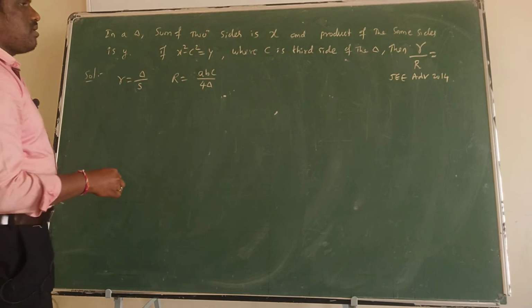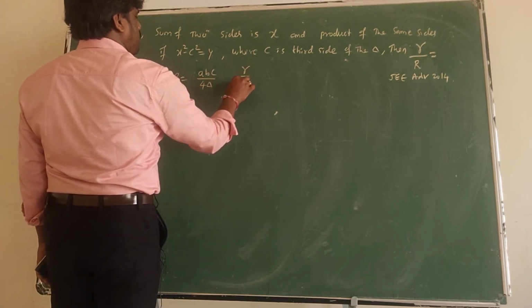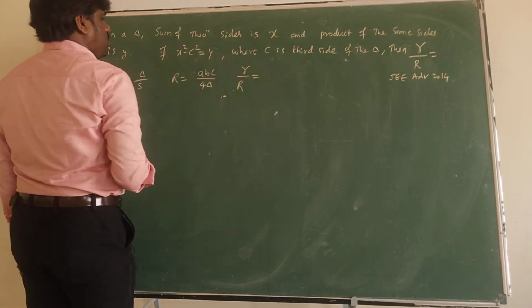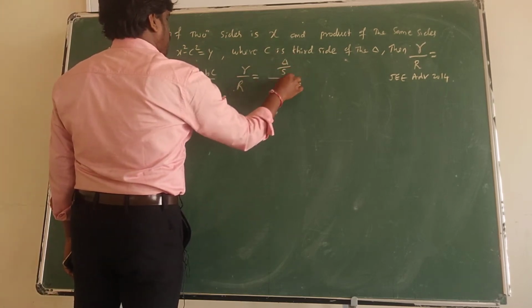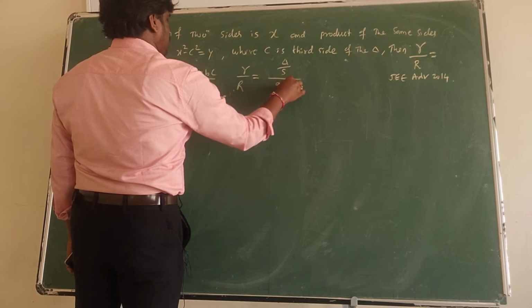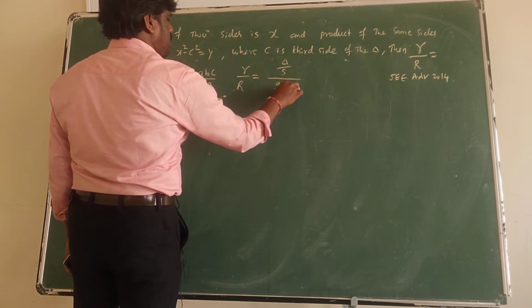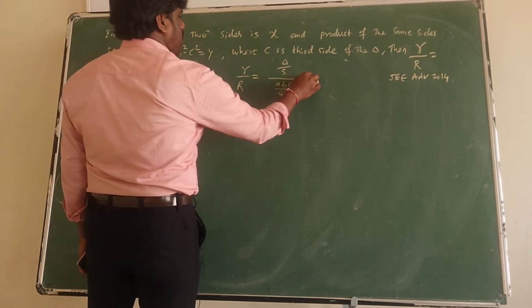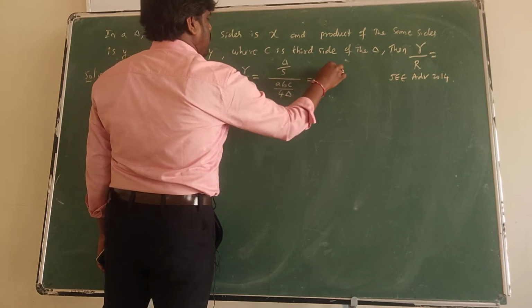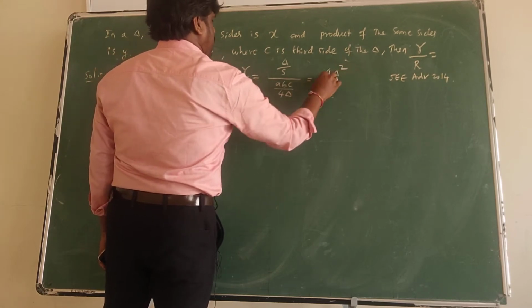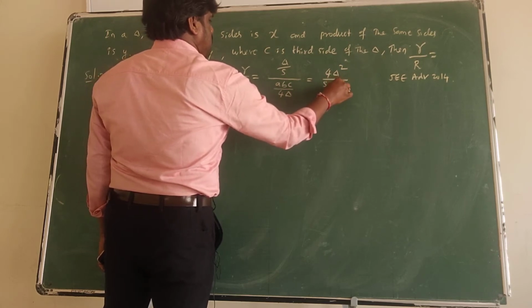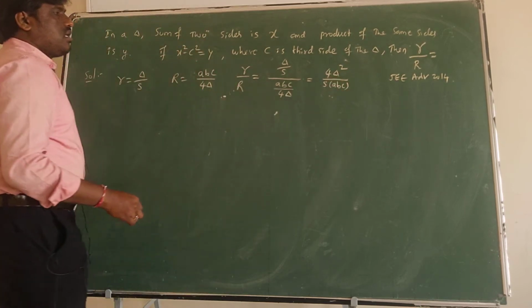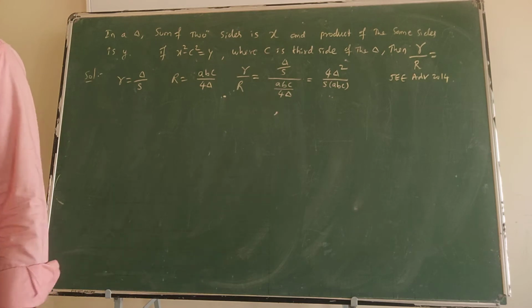He is saying small r by capital R is equal to delta by s divided by abc by 4 delta. So I get on top 4 delta squared divided by s into abc. Correct? This is what you have to find.